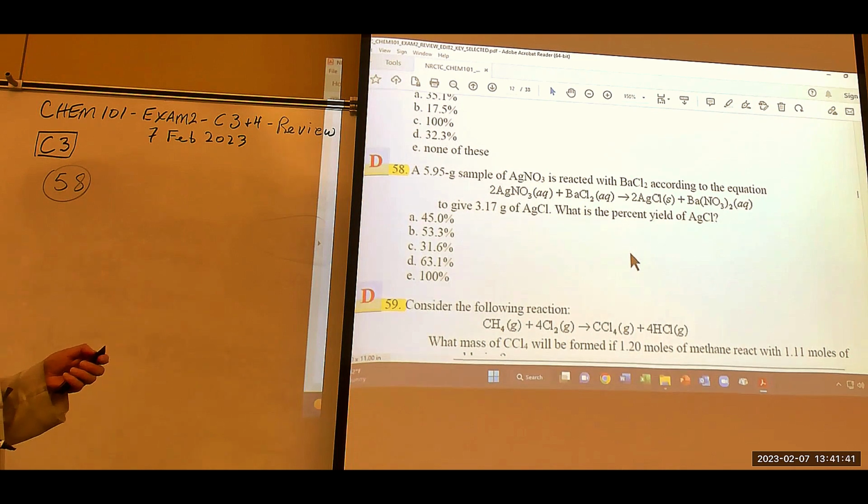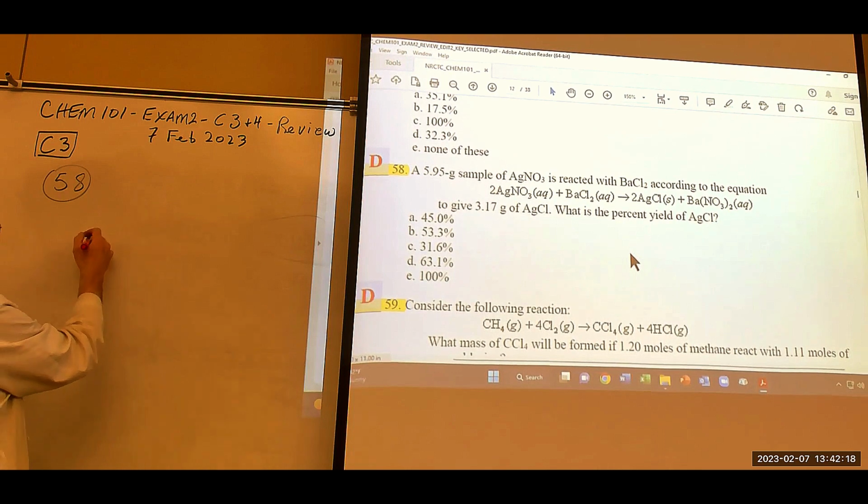So if you react this much silver nitrate with, I assume, excess barium chloride, then you're going to produce stoichiometrically a certain amount of silver chloride. Silver nitrate, this amount produces so much silver chloride, and you find out the mass of that that's produced from this. That's 100% efficiency. But we actually are given this value for silver chloride recovery, which is probably less than the value that you get.